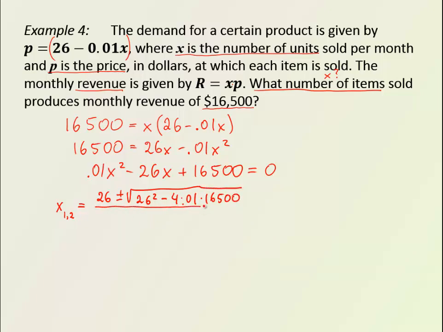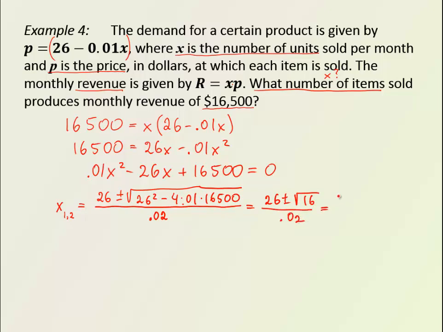Everything over 2 times a, which is 0.02. Now we can use a calculator to figure out the discriminant underneath the root, and we end up with 26 plus or minus square root of 16 over 0.02.